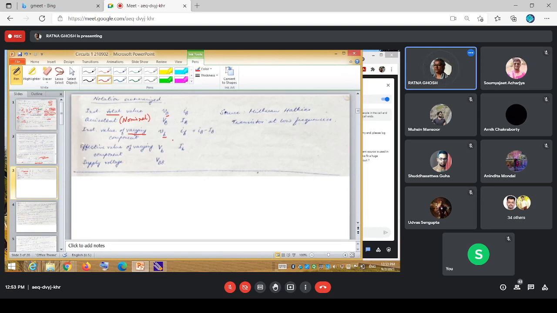Effective value, or what we also denote as the RMS value. The effective value is actually a fixed value that we state. So it is a capital V or a capital I, but it is the effective value of a varying component, so this subscript is now small.